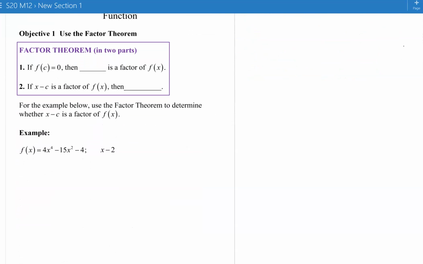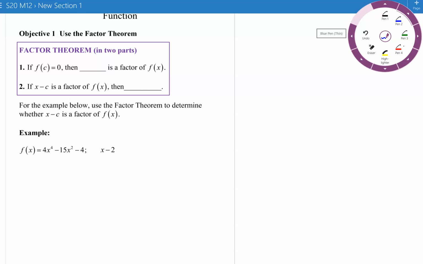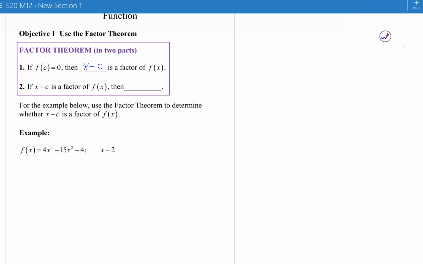So let's talk about the factor theorem. It says if f of c equals 0, then x minus c is a factor of your function. And if x minus c is a factor, then c is a zero. So if you know one of these, you know the other.